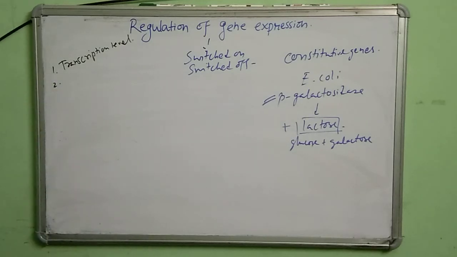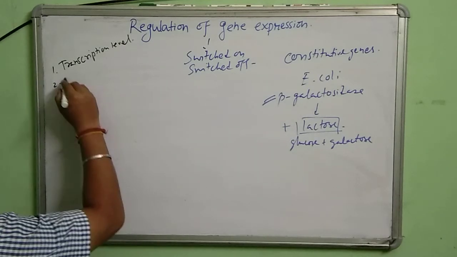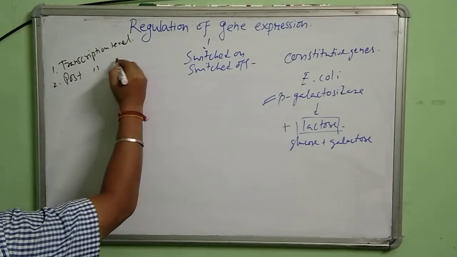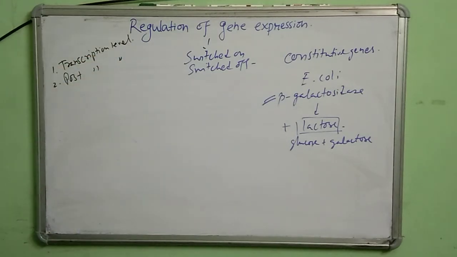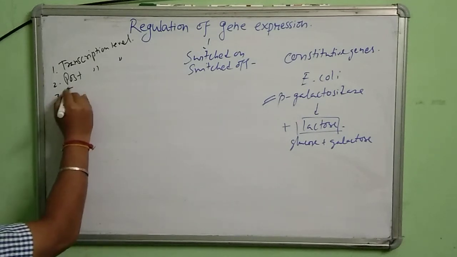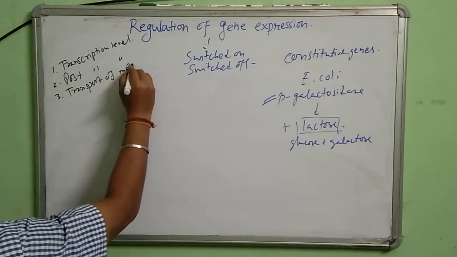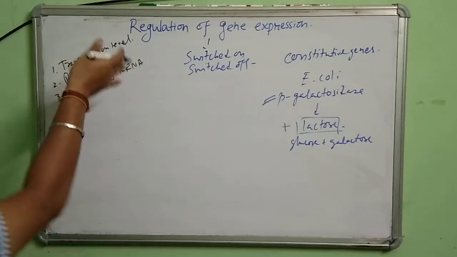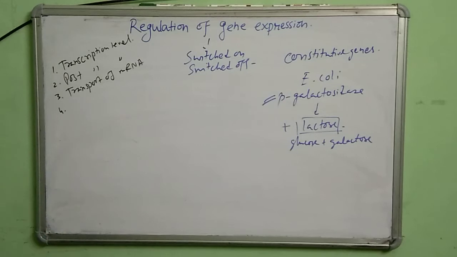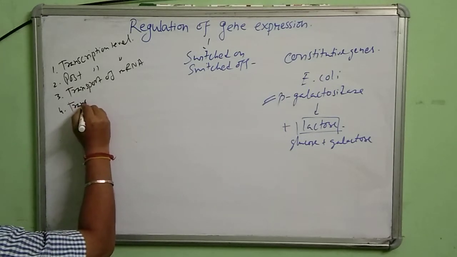Number two is processing level, or you can say post transcriptional level, that term can also be used. Number three is transport of mRNA. At this level the expression of the gene can be controlled. Next is translational level.